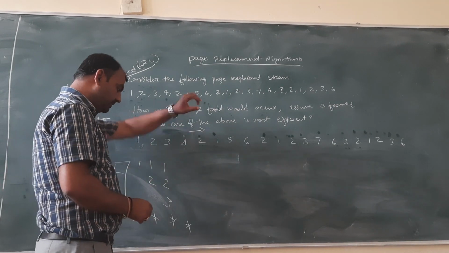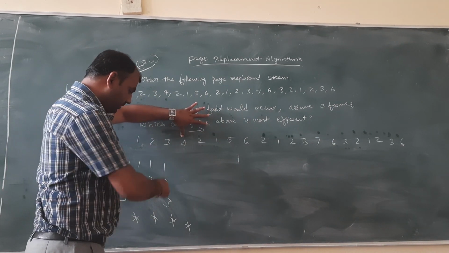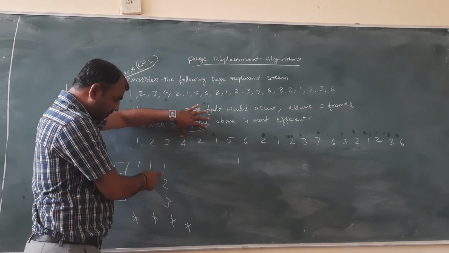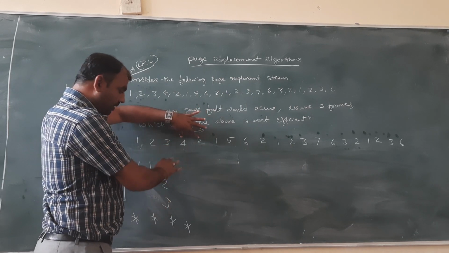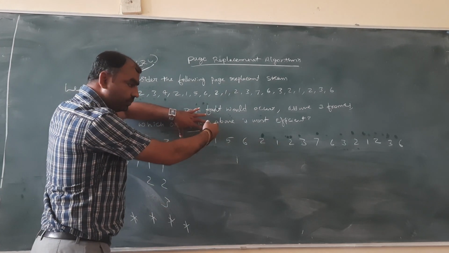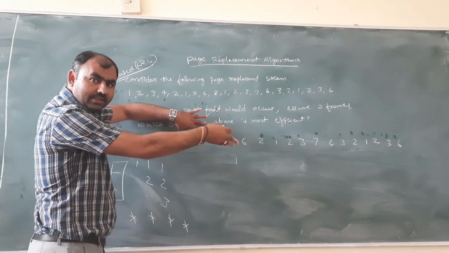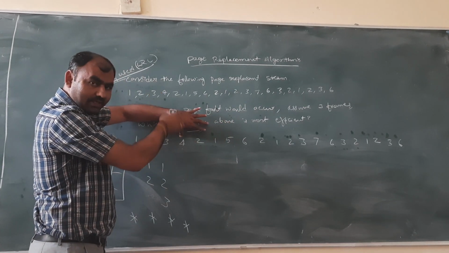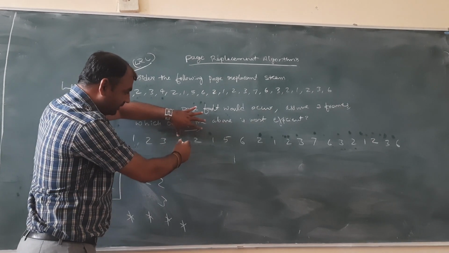Now see here, I am here now. 4 is required, right? So we have 1, 2, 3 here. Among these 3, we look at the future demand. You will see forward here, whereas for LRU you look backward.